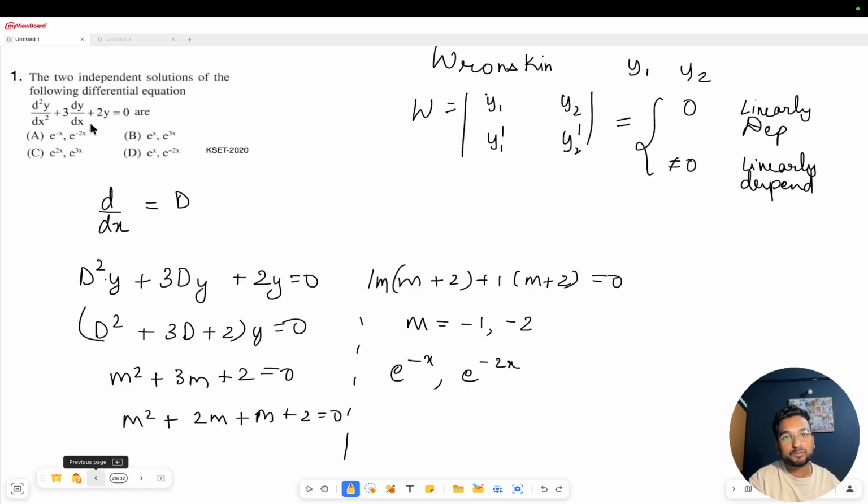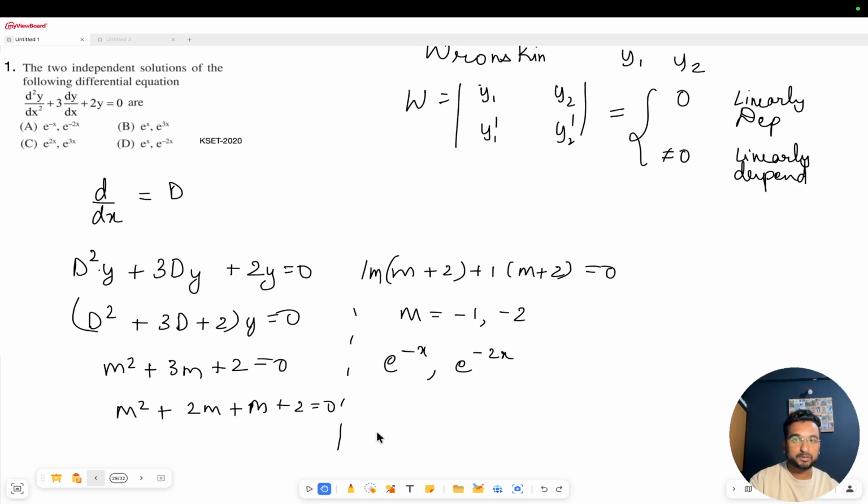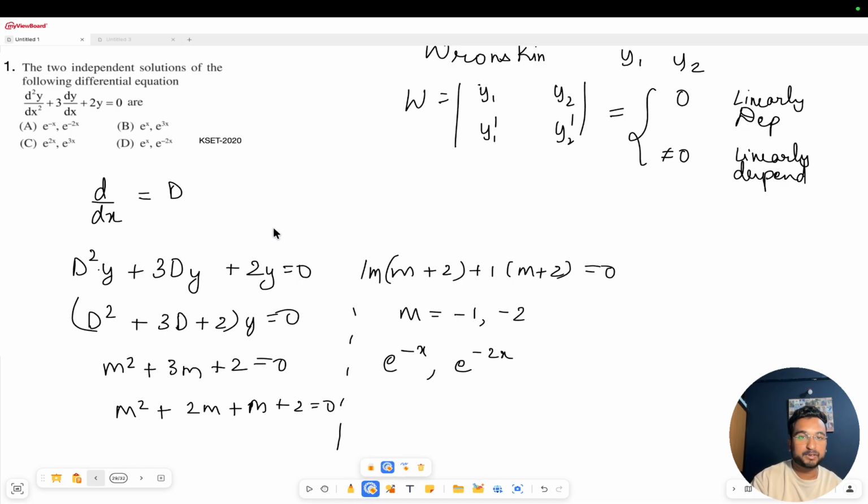These are the two independent solutions, or else you can just write the Wronskian. But for the Wronskian you have to do it option-wise.